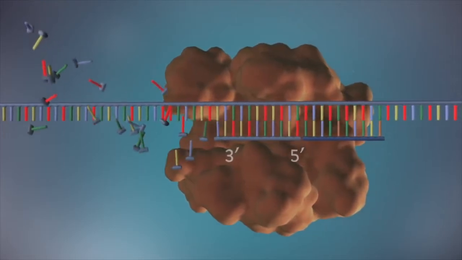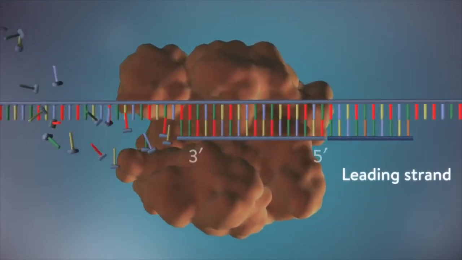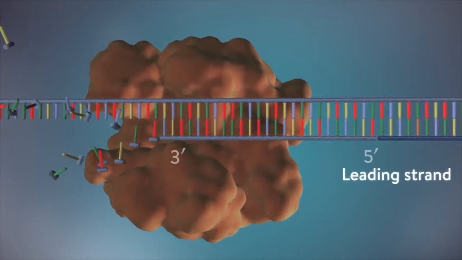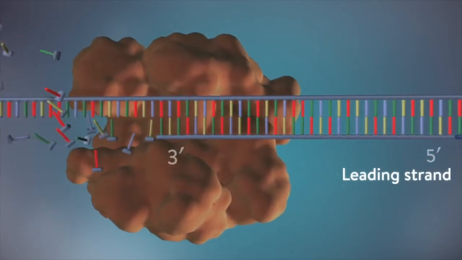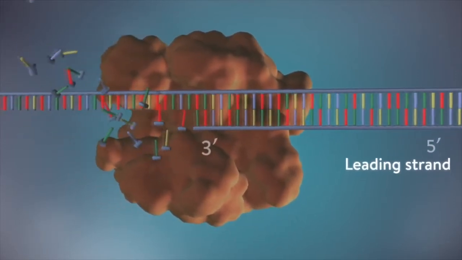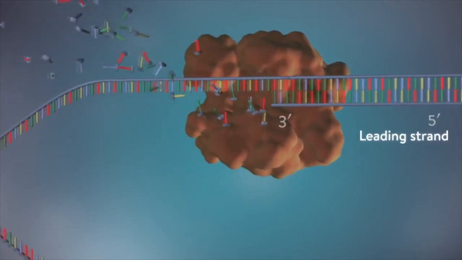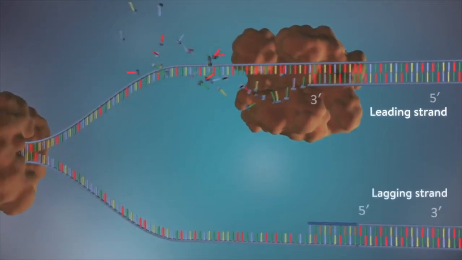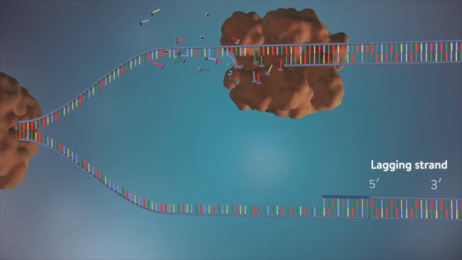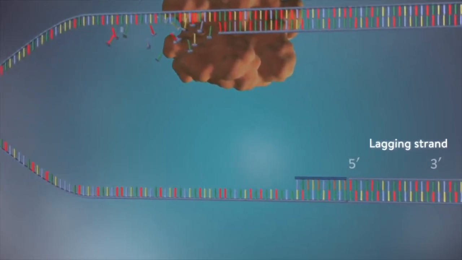One of the new strands of DNA, the leading strand, is made continuously, the DNA polymerase adding bases one by one in the 5' to 3' direction. The other strand, the lagging strand, cannot be made in this continuous way because it runs in the opposite direction.